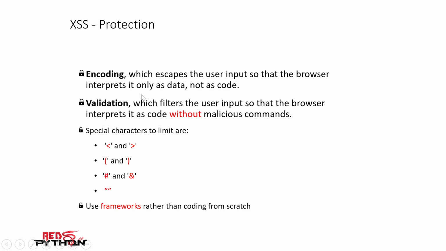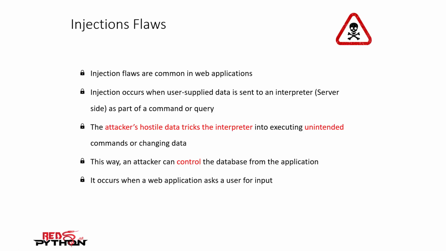The second protection approach is to validate your input. It's easy, like, not to accept any input that has such special characters to begin with, right? And it's important to use frameworks rather than coding from scratch, because many frameworks have this protection built in.